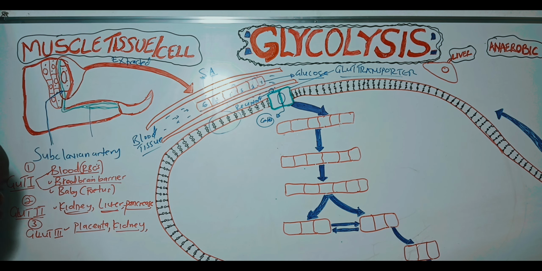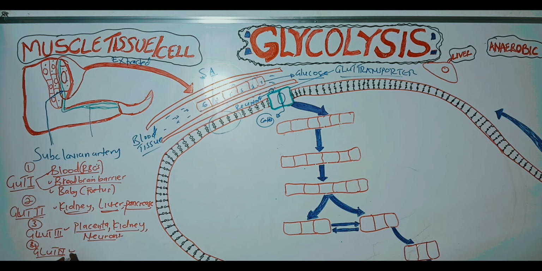Then we also have the neurons, which have this one here. Lastly, category 4: the GLUT 4 transporters.